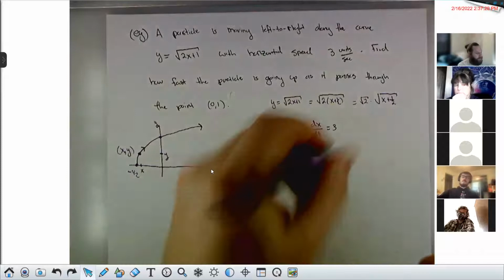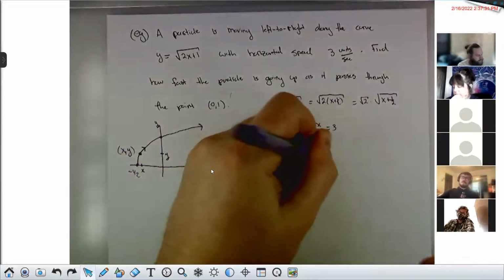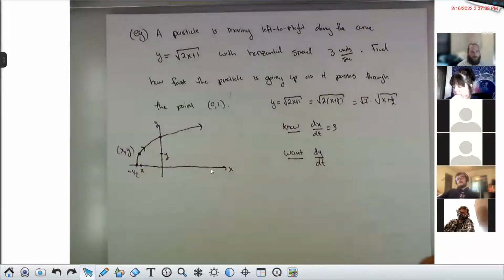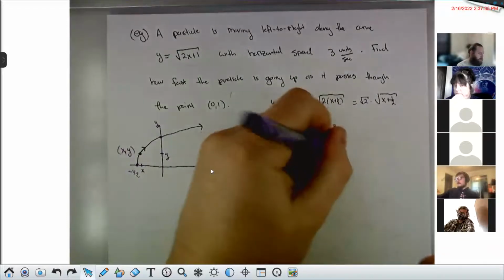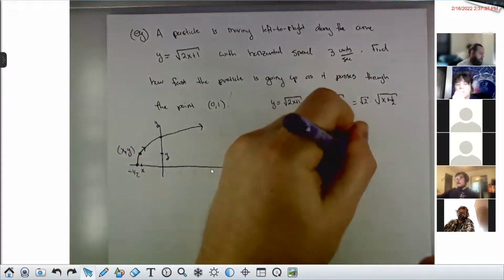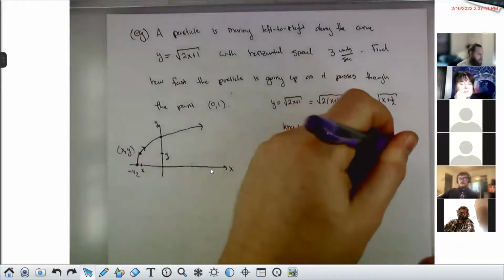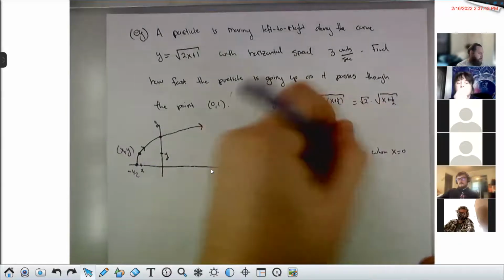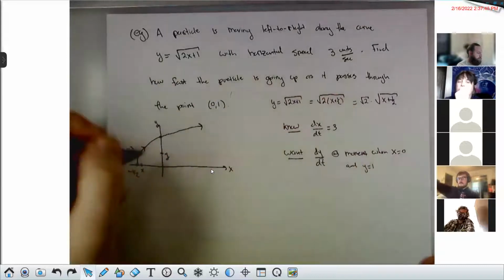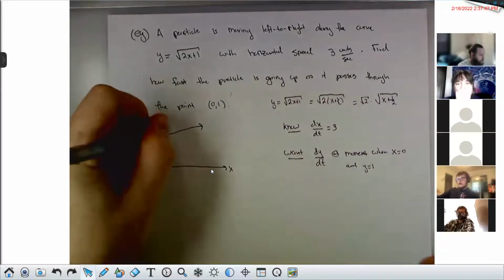And the thing I want is the vertical speed, dy/dt, at the moment when x is 0 and y is 1, because that's this point right here, (0, 1).